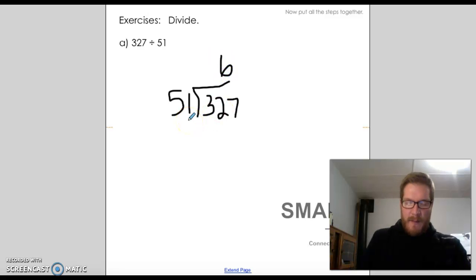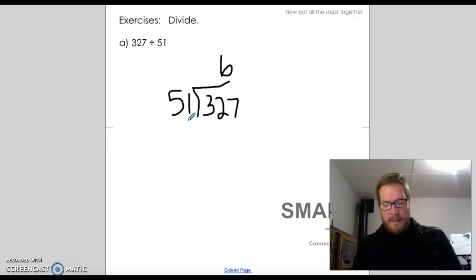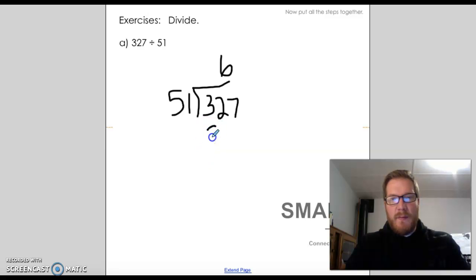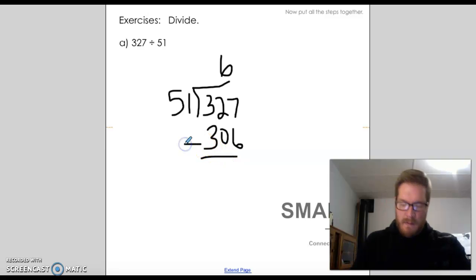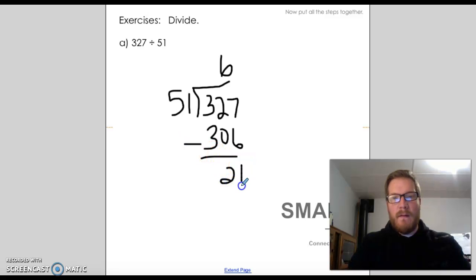And so then I got to go back and make sure that I multiply 51 times 6, which is going to give us 306. And then I can do my subtraction. So I have 327 minus 306, which leaves us with 21.